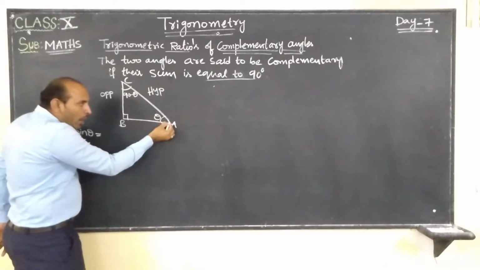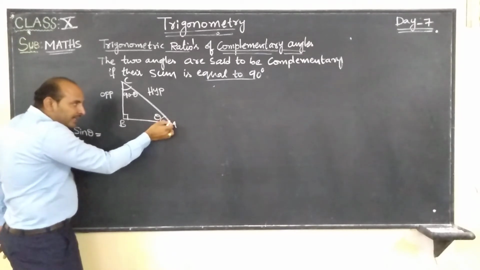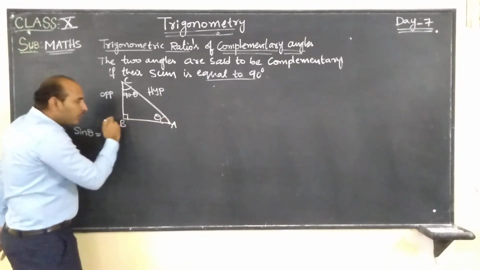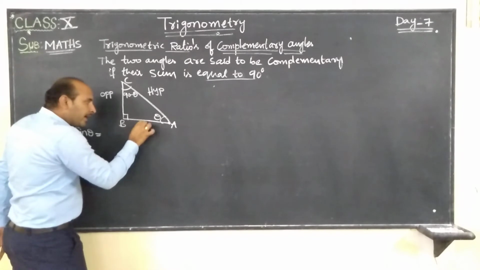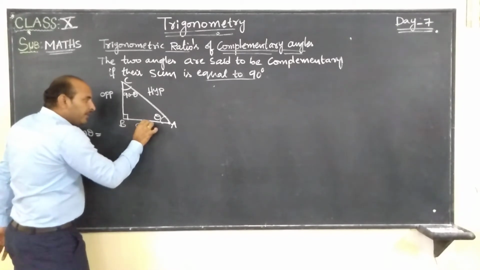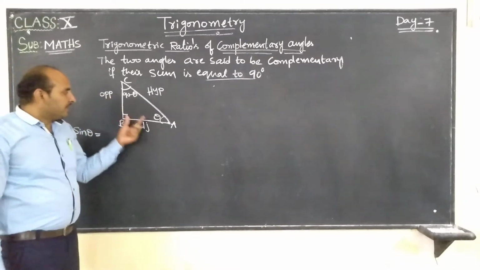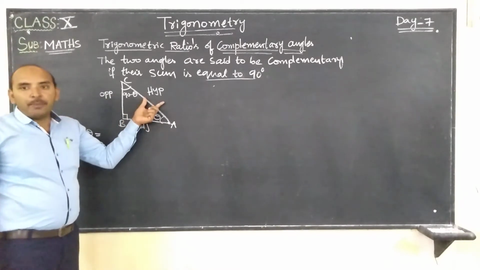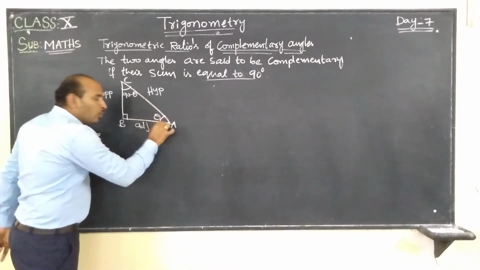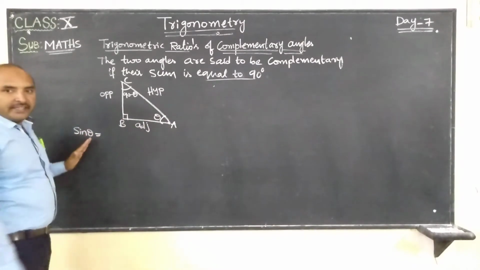Taking angle A, the AB side is the adjacent side, the base side. So this is the opposite side, this is the adjacent side, this is the hypotenuse with respect to angle A.